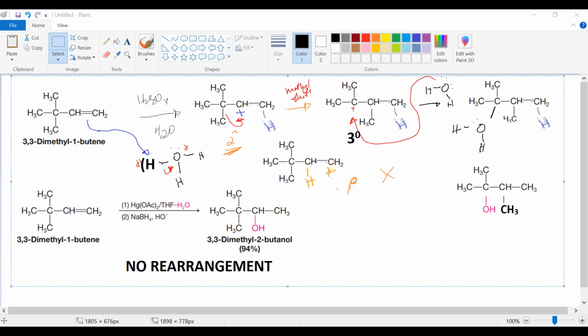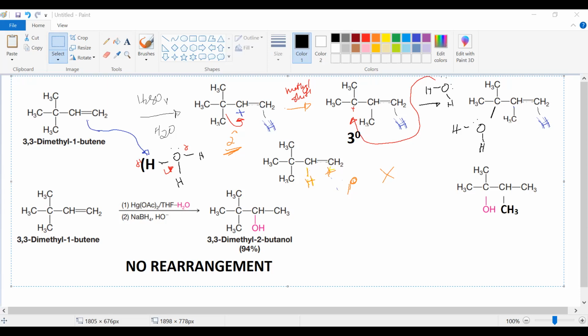So the alkene donates a pair of electrons to the electrophilic mercuric acetate to form the mercury bridged carbocation here. The main bond is always from the carbon having the higher number of hydrogens to mercury, because you will get a more stabilized carbocation.